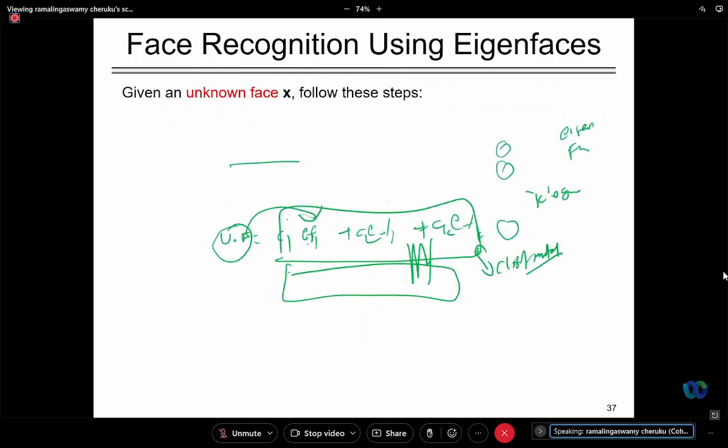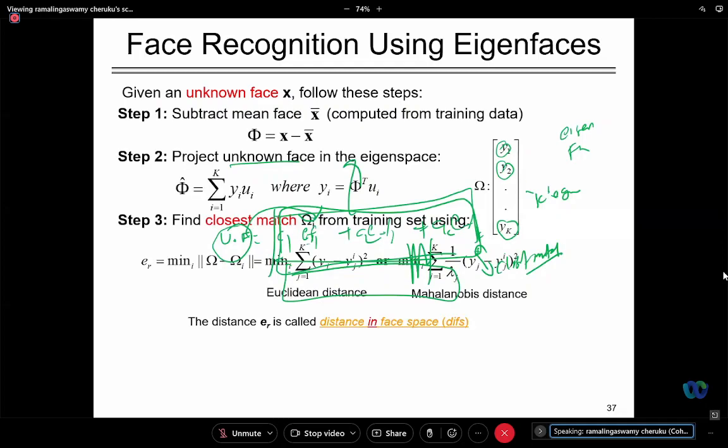Because we are also converting the unknown face into eigenfaces, the comparison is very easy. The closest match can be found by calculating the Euclidean or Mahalanobis distance between these two images. Recognize X as a person K, where K is the ID linked to the sigma. So the corresponding ID will be found.